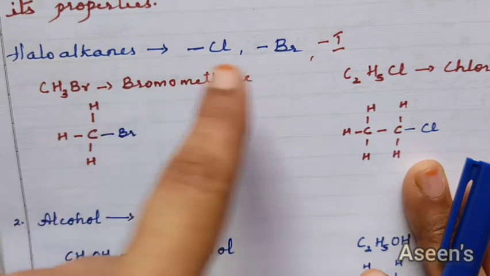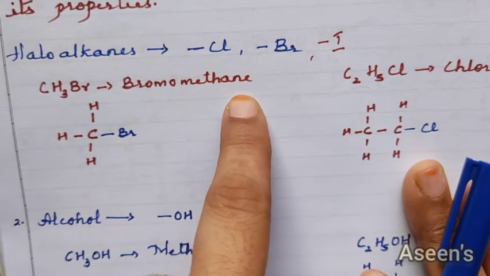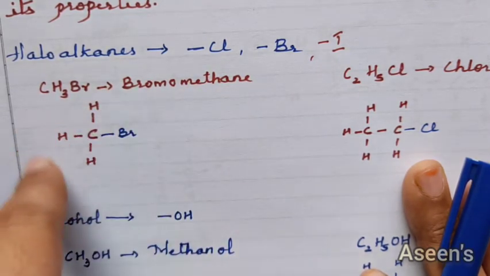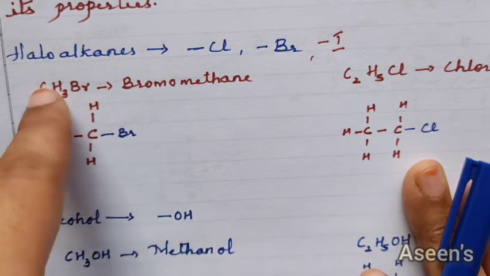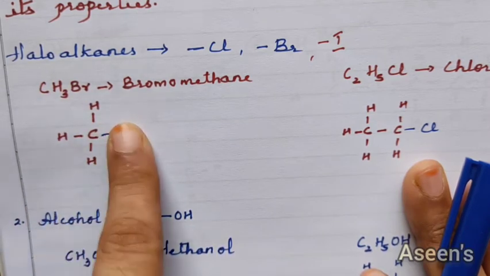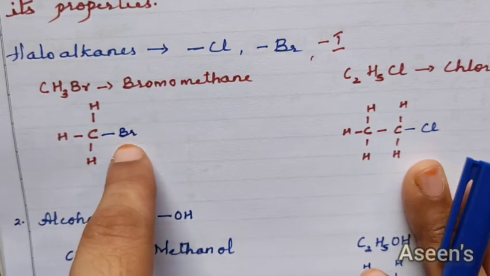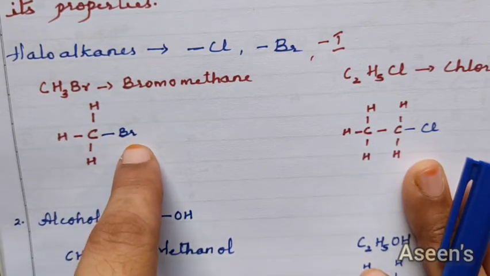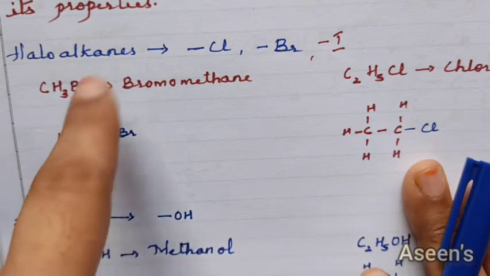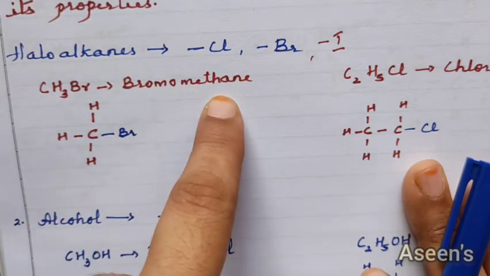No double bonds, ane. So it's methane, but in this case, one hydrogen is replaced. We were supposed to have a hydrogen here in case of methane, but instead of that hydrogen, we have a bromine. Hence, it is going to be bromomethane.